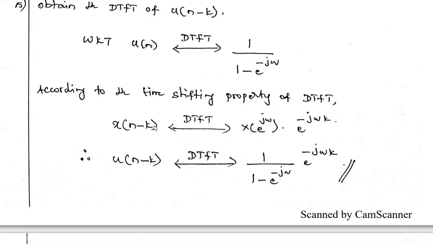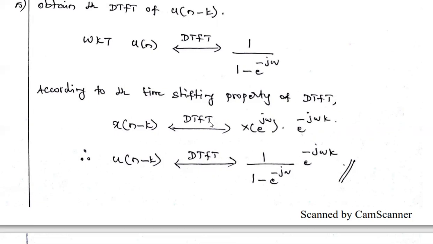It may be 1, 2, 3, etc. The DTFT of the time delayed signal is the original Fourier transform of x of n, capital X of e power j omega, multiplied with the constant e power minus j omega k, where k is the amount of shift. This is the time shifting property.